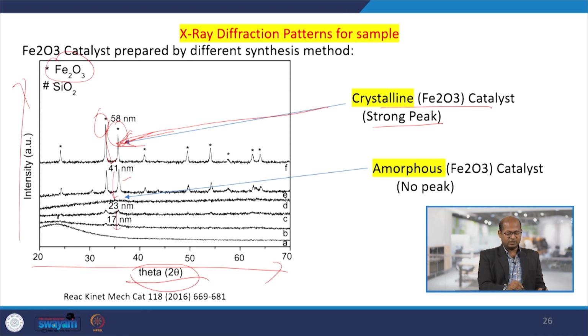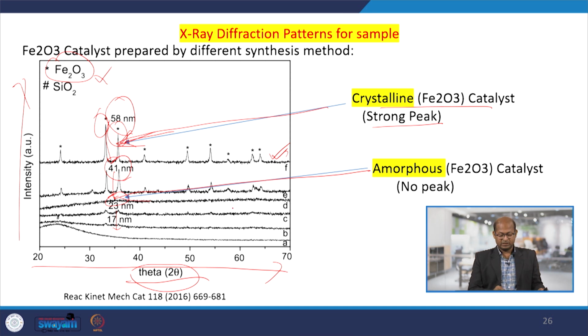The same material, let us say we have prepared, and here no peak is observed. So, from the X-ray diffraction patterns we can say that the same material was prepared by considering different preparation techniques. By considering these techniques, the material prepared here has a larger crystallite size compared to the smaller one, and here there is no crystallite size.